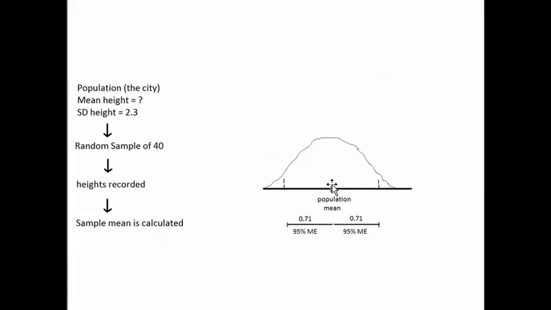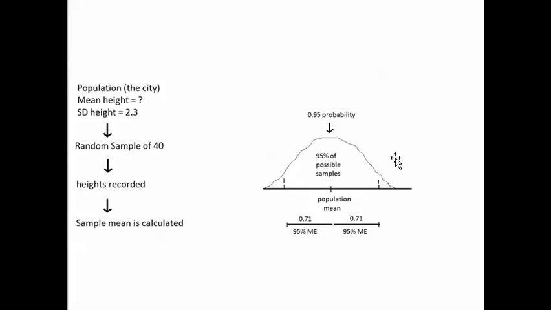And here in this diagram, we have the population mean that's being estimated, which is the mean height of the city. We have a lower boundary down here and an upper boundary down here. And this area between the boundaries includes 95% of the possible samples. And there's a 0.95 probability of getting a sample from this area. And we know from our calculations that this distance and this distance are both 0.71.